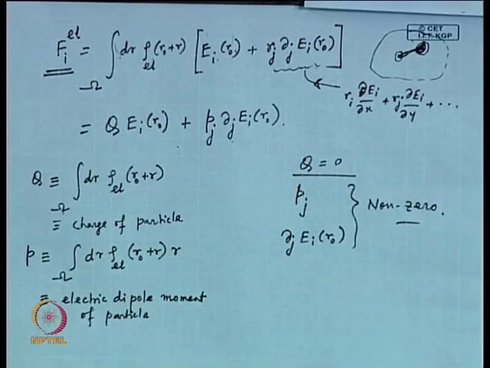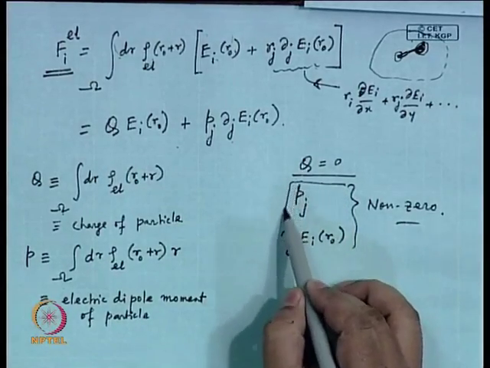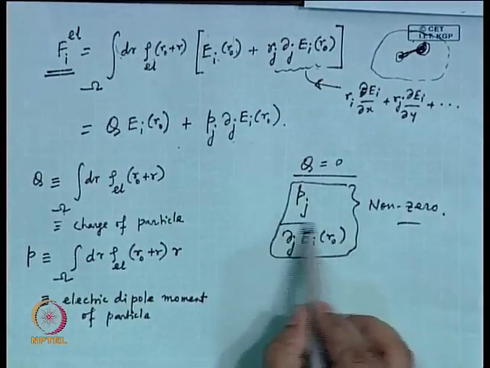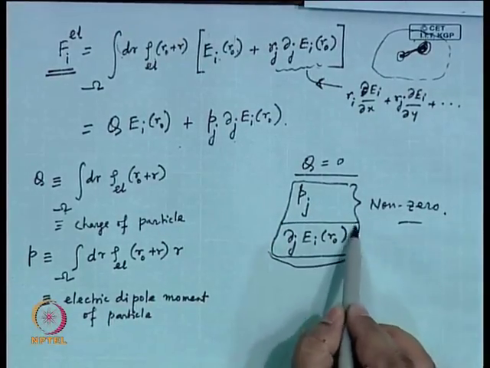All right. That is what I am trying to drive at. Okay. So, what does this mean? That I have P_j non-zero, and particularly what does this mean, this term? Do you have any idea what this is?